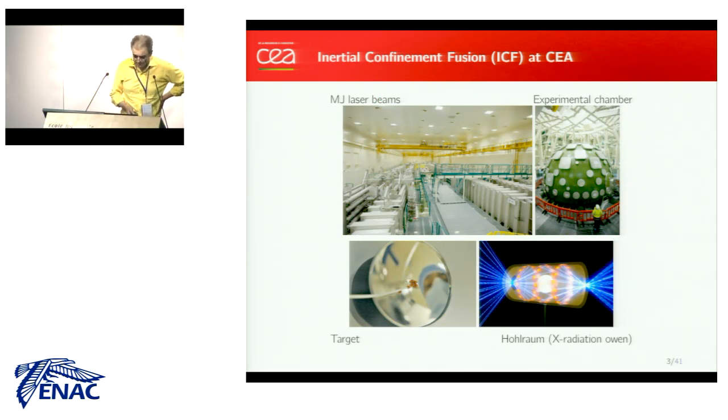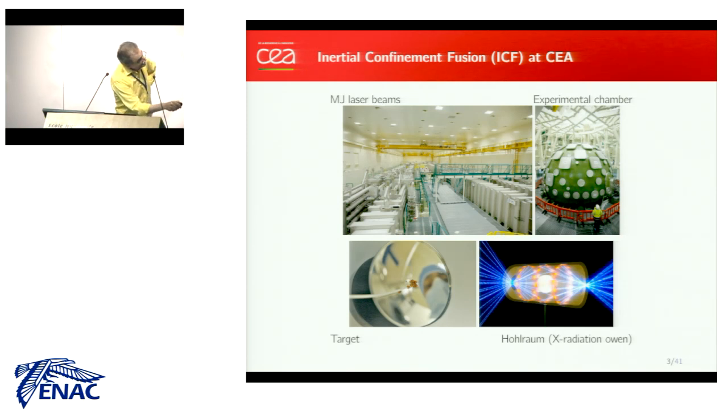So, at CEA we have a large facility near Bordeaux with a megajoule laser. So you can see the hall with all the lasers, and they're focused and converge on an experimental chamber.